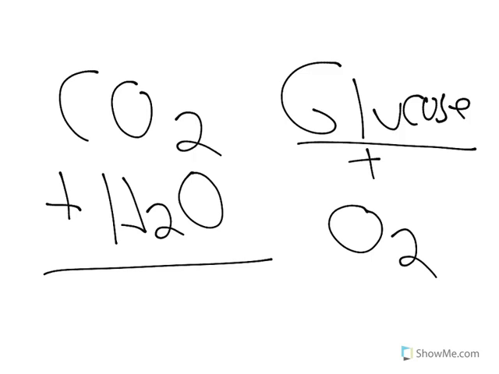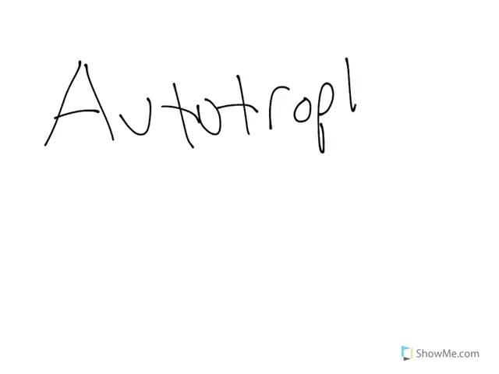So anything that can do that, there's actually two names to describe something that can basically make its own food. The two terms are going to be autotrophs and autotroph, and I apologize for my handwriting. Autotroph, which means self-feeder. Plants and other organisms that can make their own organic matter, can make their own fuel, are called autotrophs.